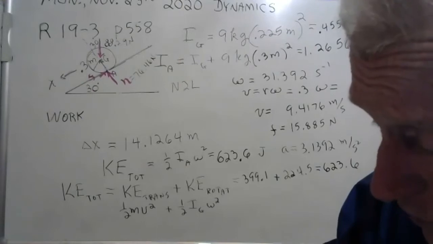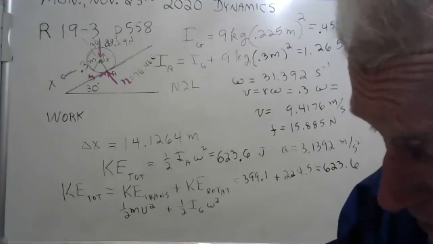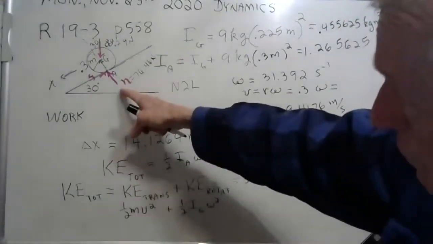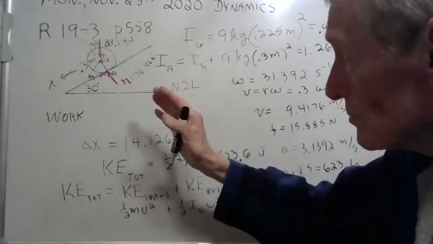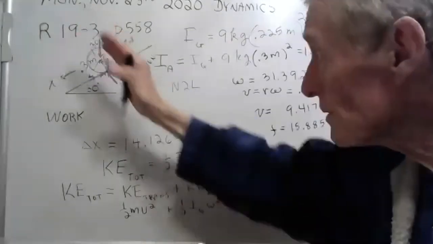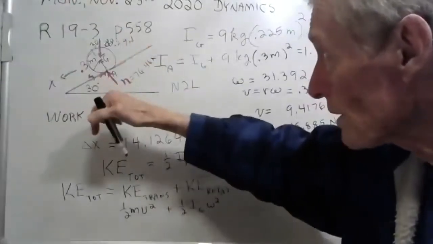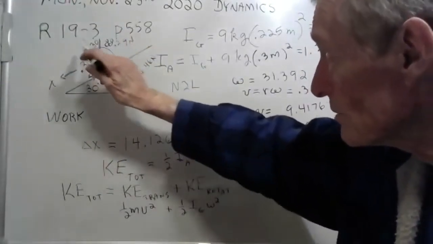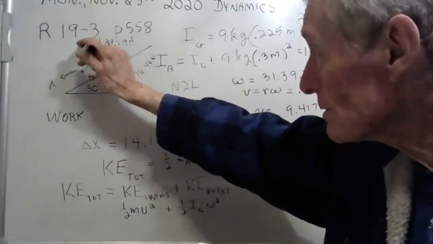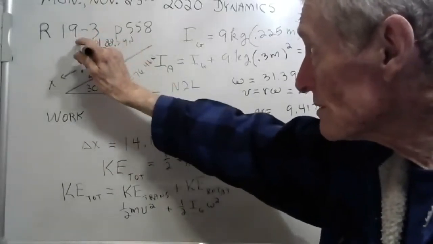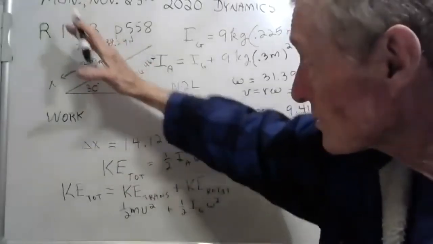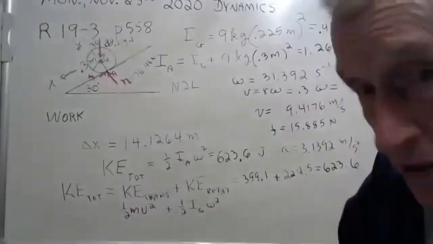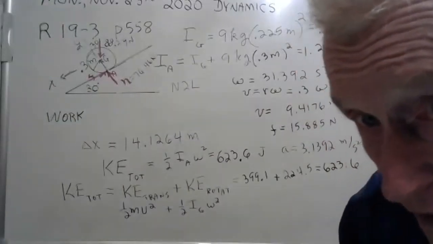Just because you have a force doesn't mean it does work. The normal's a force, but to do any work, it's got to move in the Y direction, and the wheel doesn't move in that Y direction.